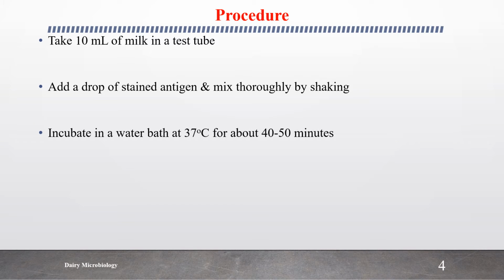After mixing, incubate the tube in a water bath at 37 degrees Celsius for about 40 to 50 minutes and then observe for the formation of a blue color ring at the top of the milk surface.